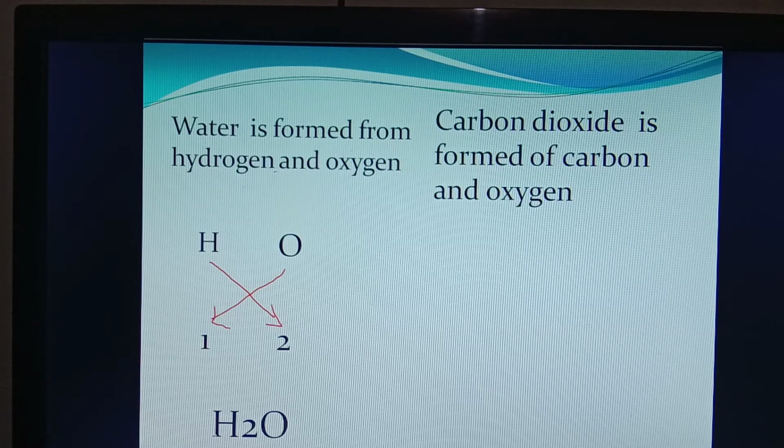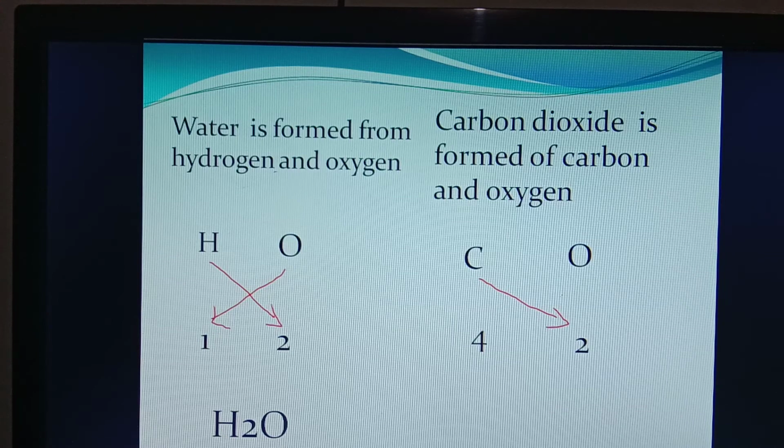Similarly, let's take one more example. Carbon dioxide is formed of carbon and oxygen. Symbol for carbon is C. Symbol for oxygen is O. Valency for oxygen is 2. Here 2 is written and valency for carbon is 4. What you have to do now?